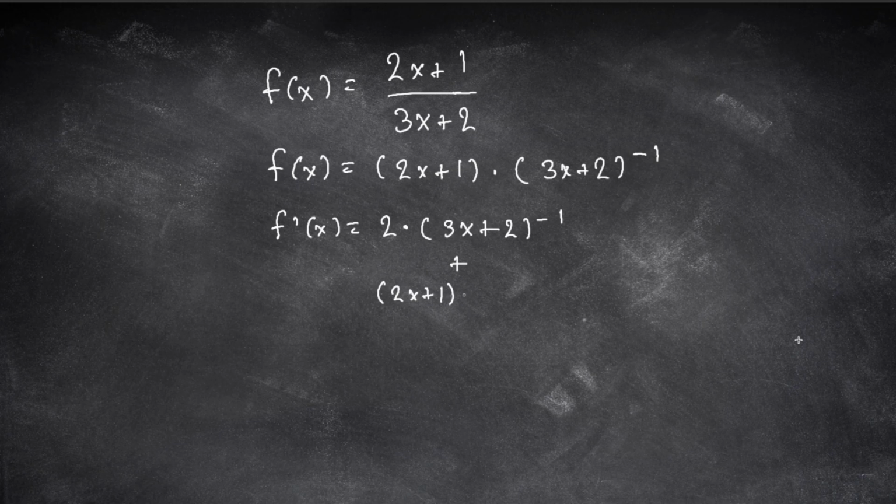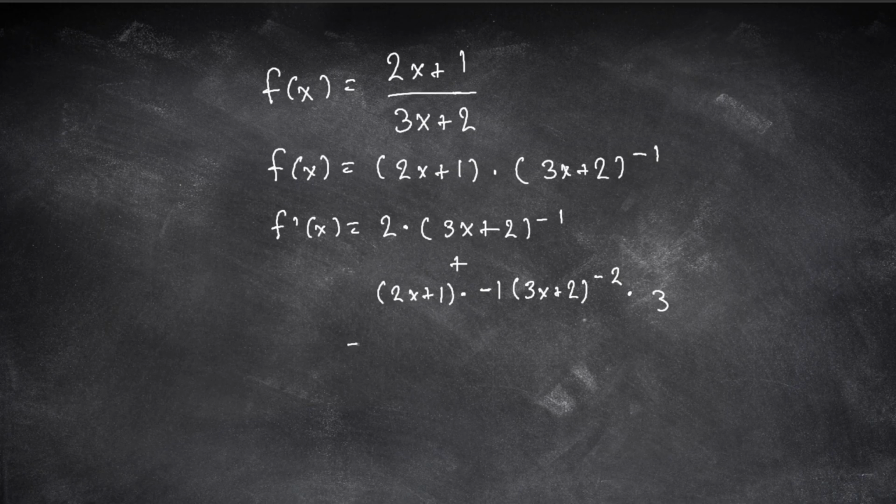Now do the derivative of the second one, derivative with a negative 1, and then keep whatever's inside, 3x plus 2, negative 1 minus 1 is negative 2, and then multiply by the derivative of what's inside. So derivative of 3x is 3, derivative of 2 is 0, so 3 plus 0 is 3, so we can just leave it by itself.